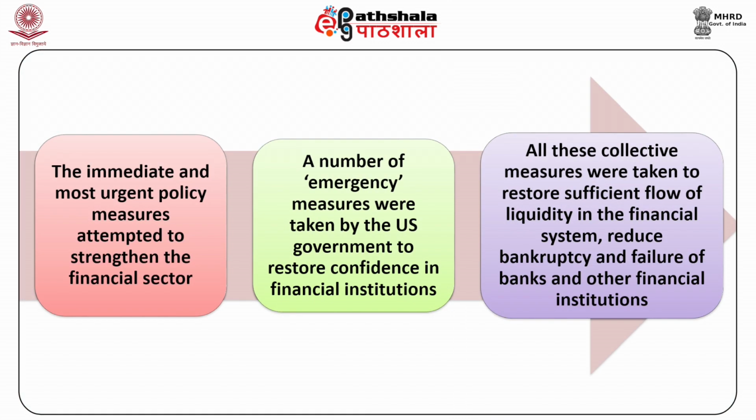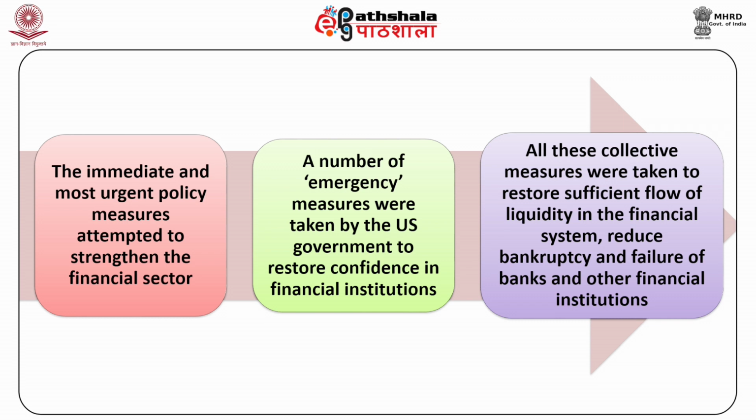As the crisis dealt a severe blow to the financial intermediaries, the immediate and most urgent policy measure attempted to strengthen the financial sector. A number of emergency measures were taken by the US government to reinforce confidence in financial institutions. For example, deposit insurance was raised from $1 lakh to $2 lakh per account. The government began to guarantee new debt issued by banks.